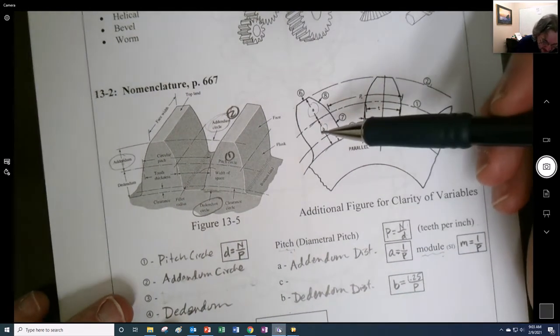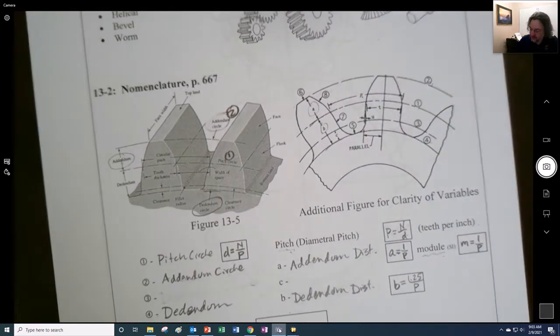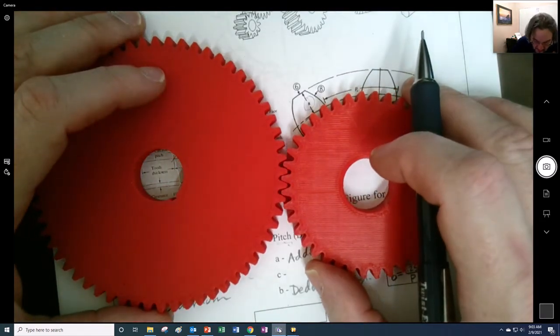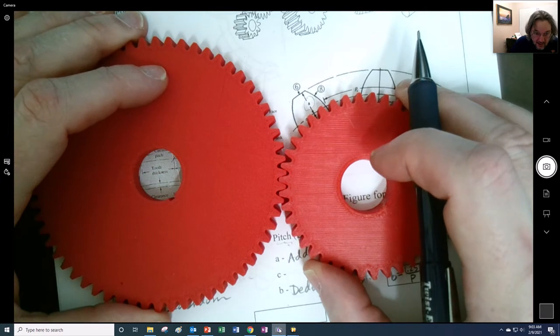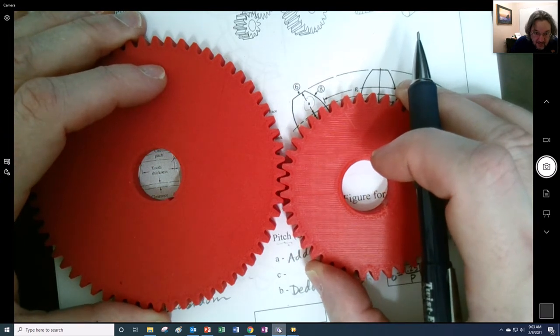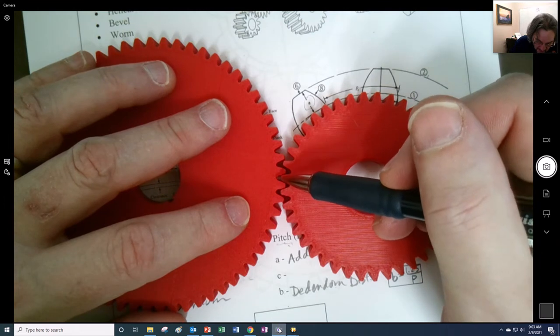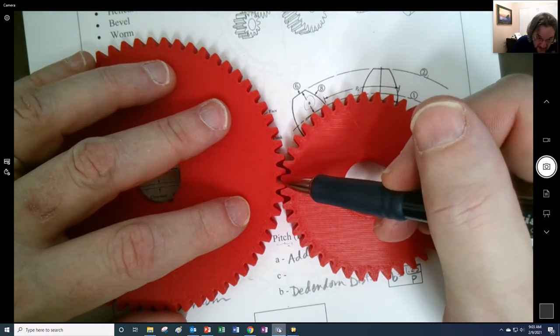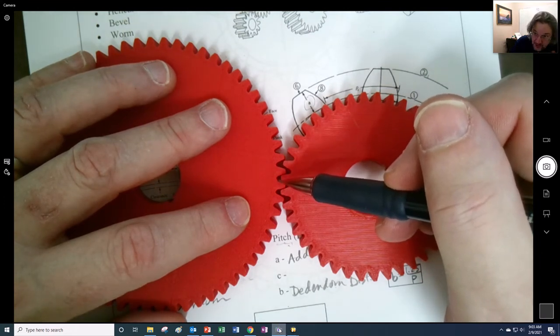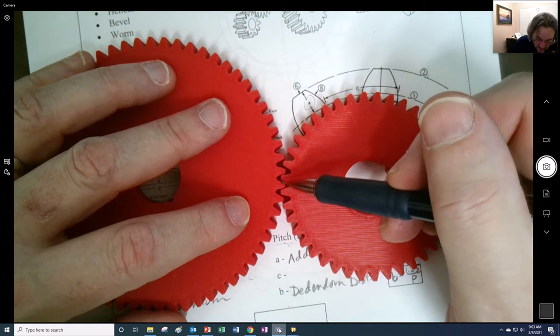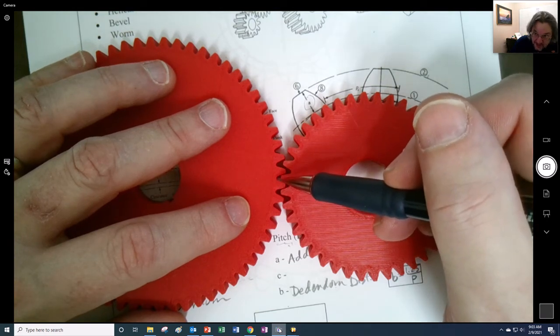Now, if you take a look at 2 sets of gears to each other, they aren't going to be crammed in. There's going to be a slight amount of space right here, right? So the top of this circle does not pass through and touch the root, or the dedendum. The addendum circle of this gear does not touch the dedendum.